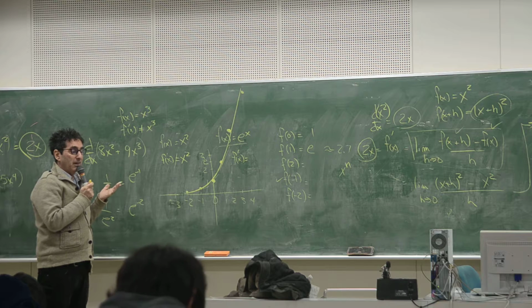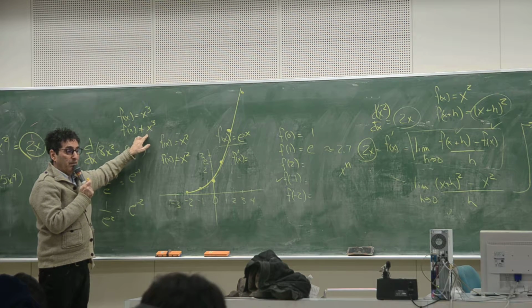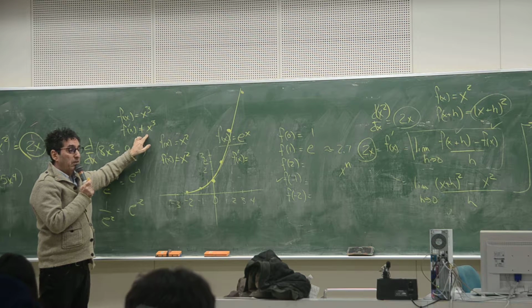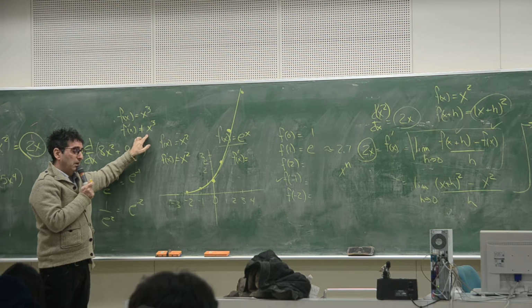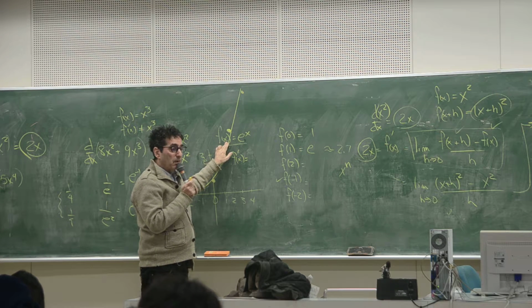So generally, the function and its derivative are never the same. There's only one function where the function and its derivative are the same. It sounds weird, but that's this function: e to the x. The derivative of e to the x is actually e to the x.